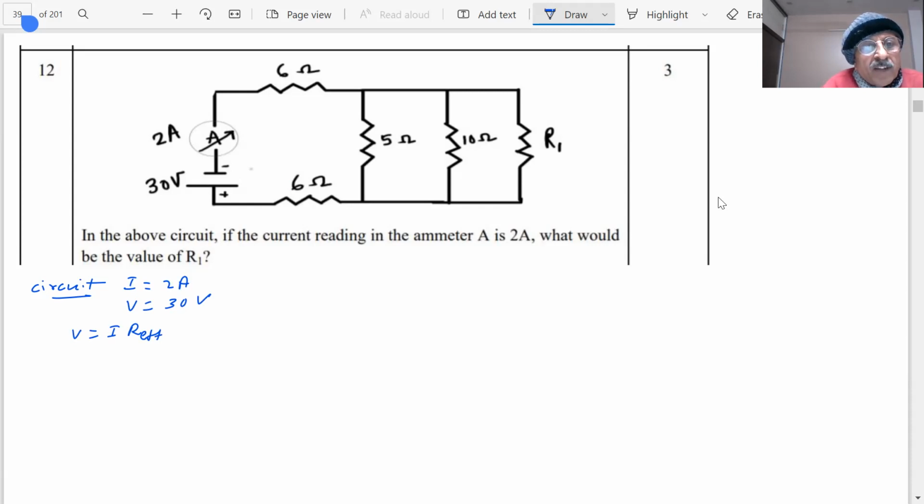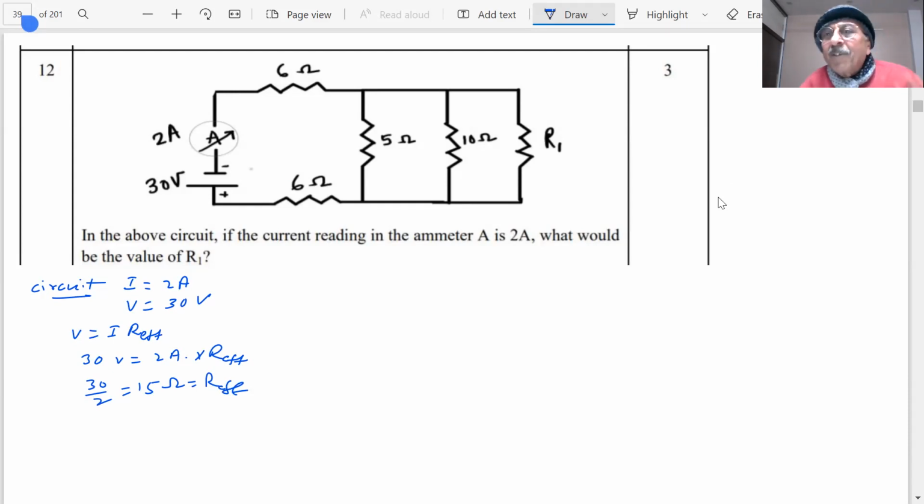I can calculate by this method. So 30 volt is equal to 2 ampere into R effective. R effective comes to be 30 by 2, 15 ohm, which is the total or effective resistance. The effective resistance in the entire circuit is 15 ohms. That we have calculated.